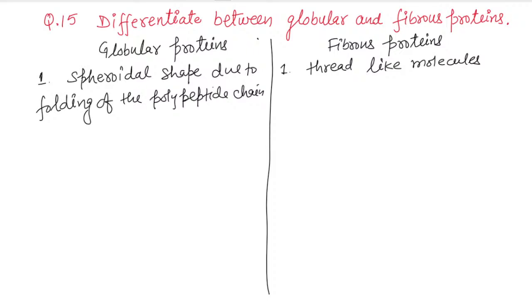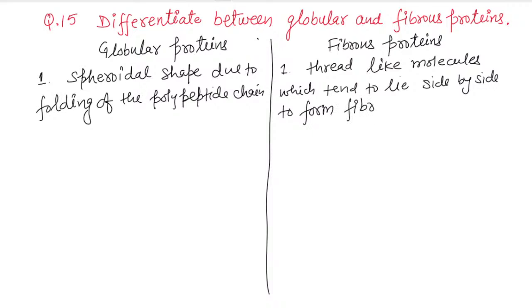The polypeptide chains of fibrous proteins are thread-like molecules which tend to lie side by side to form fibers. That's why they are called fibrous proteins. Very good.